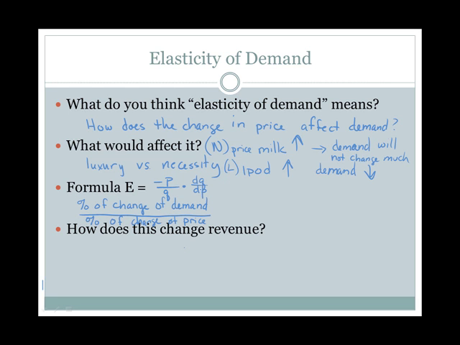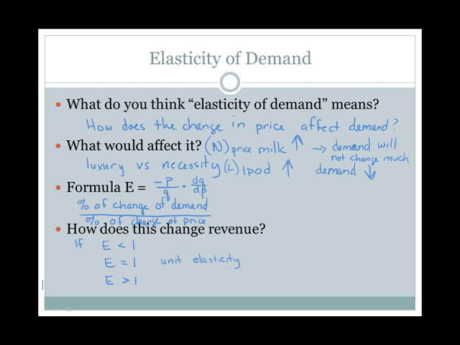Let's talk about what the results would look like. Your E value is going to be in relation to the number 1. E can be less than 1, E can equal 1, and E can be greater than 1. Let's start with E equals 1. This is called unit elasticity.